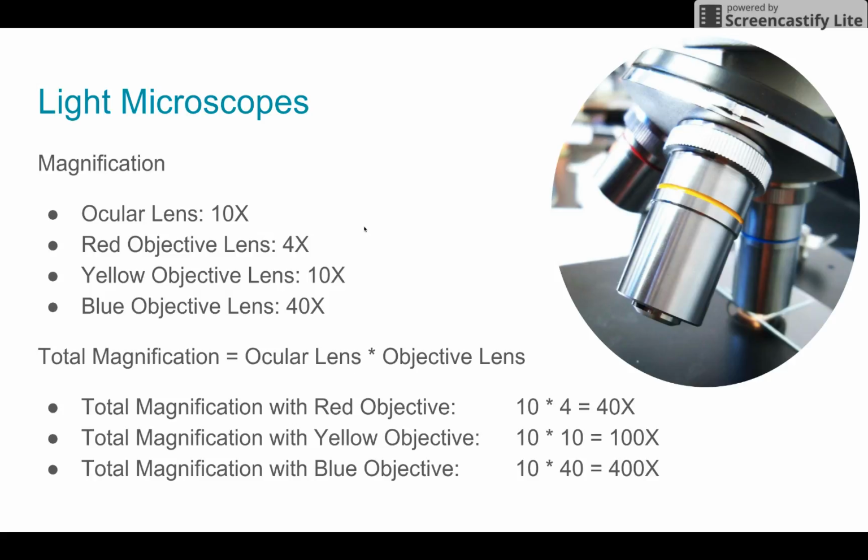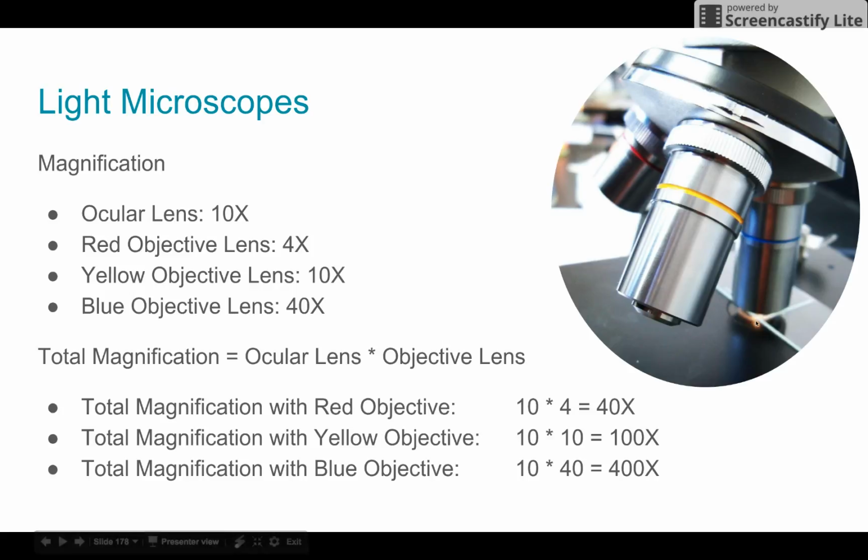Okay, with light microscopes, here is the way you can determine magnification. The first thing to note is that the ocular lens is typically times 10. That's the part where you put your eye. And then the objective lenses, which you see here: the red is times 4, the yellow is times 10, and the blue is times 40.